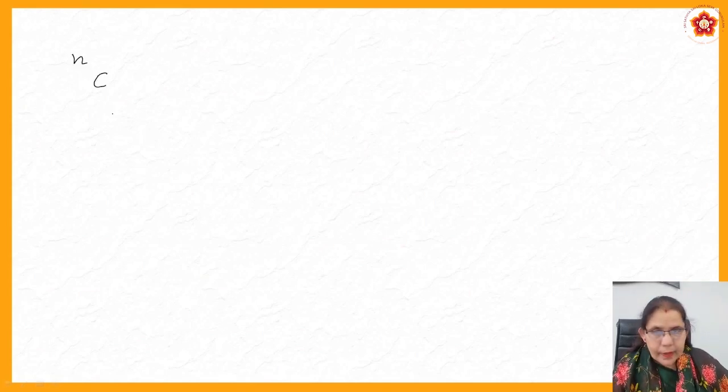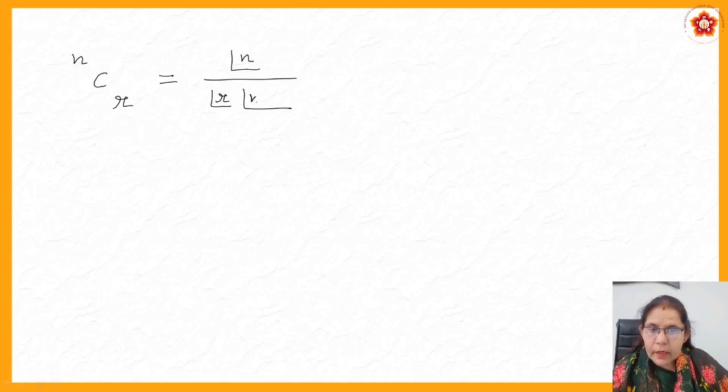If I write down nCr, that means out of n objects, we are choosing r objects, and r will be less than n, because we have to choose out of the bigger lot. So n will be more and r will be less. The formula is factorial n upon factorial r, and in the denominator also it will be factorial n minus r. This can also be written like this.